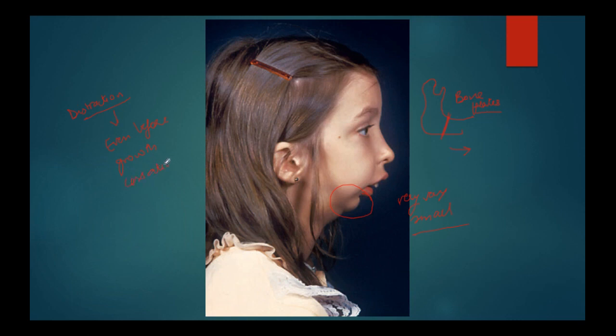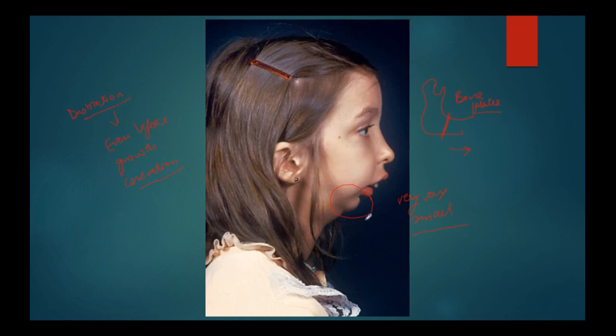If I want to do surgery, no, I have to wait till the growth has completed. So the patient has to live like this for about 18 to 20 years till the growth cessation. This has a lot of psychological impact on the patient. Hence distraction has a benefit that it can be done at any age whatsoever, and next it can lead to growth of the bone.